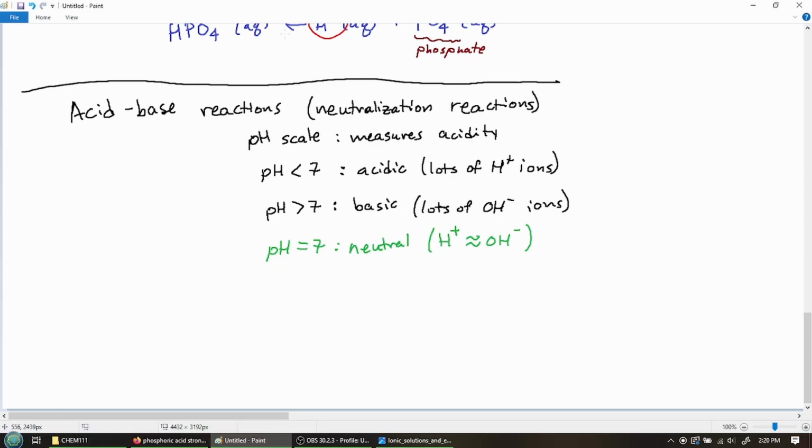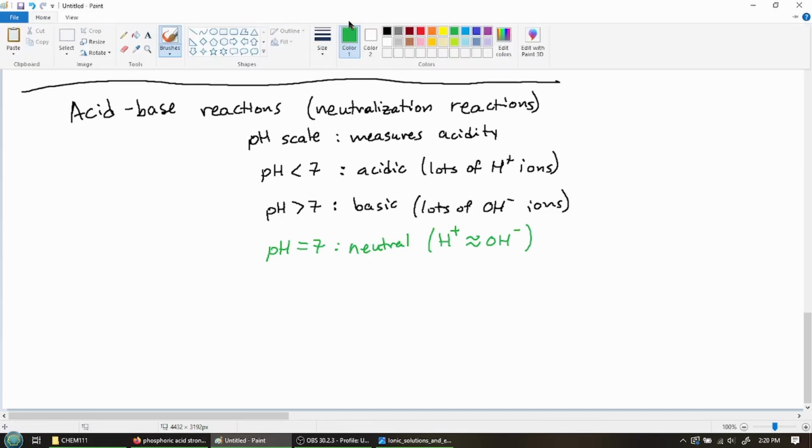So we call these a neutralization reaction because it makes the acidity of the solution neutral. Well, rather, it gets rid of the acidity or the basicity, I suppose, of the solution.